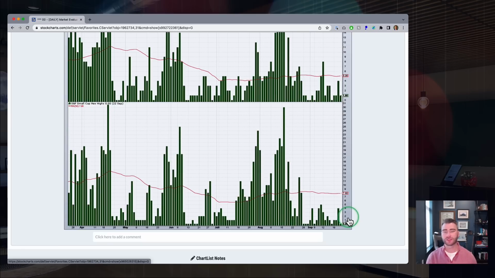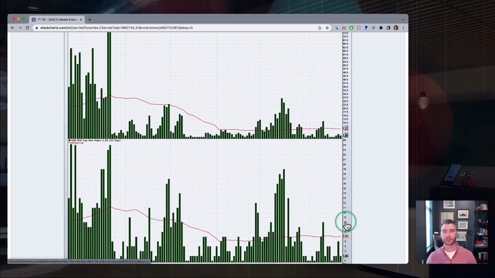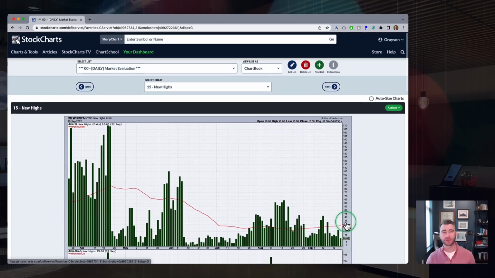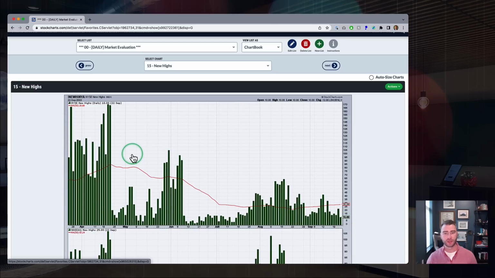But if you use this every single day, this is a chart that I look at every single day. So I can tell you that these numbers are incredibly weak just by glancing at this. 1 here, 0 here. These are incredibly weak numbers. This basically means that there are no stocks in any of these indexes making new highs. Again, compare that to where we were 6 months ago, which even that was pretty weak, but we were up in the 170.